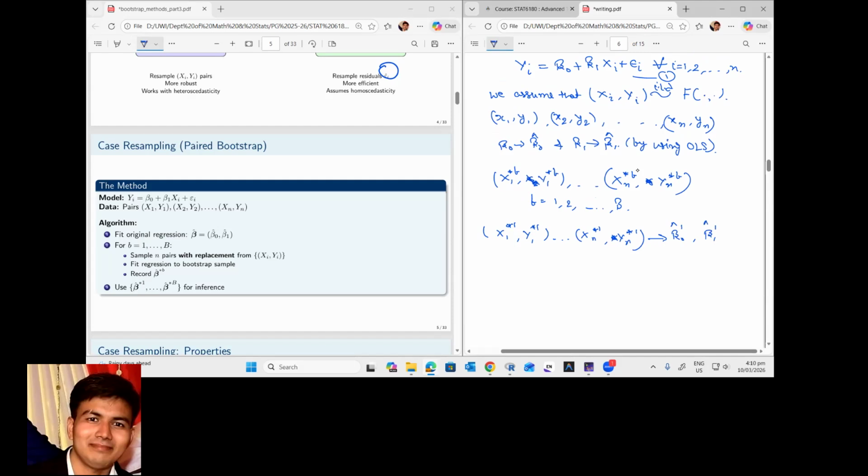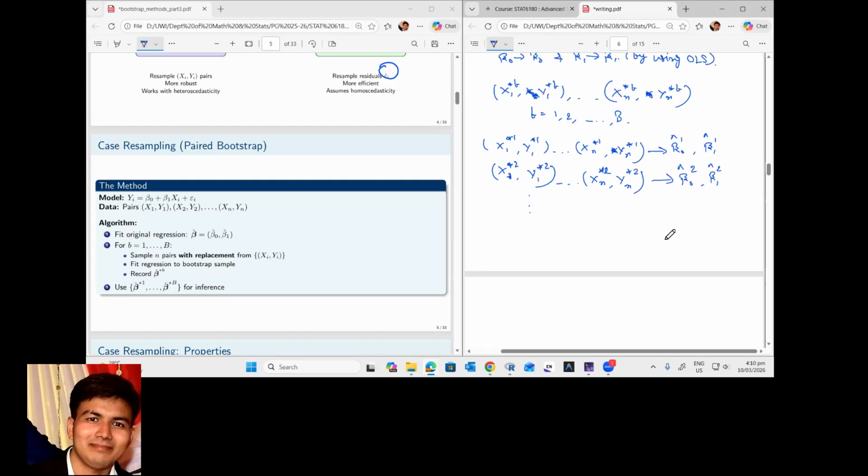Then we generate another sample, x1 star 2, y1 star 2, and so on up to xn star 2, yn star 2. From this second sample we get another beta naught cap 2 and beta 1 cap 2.